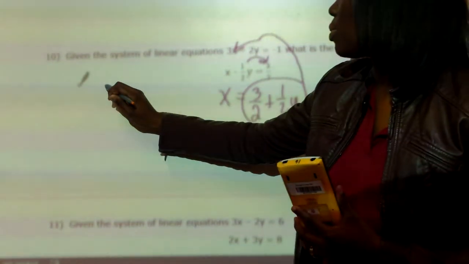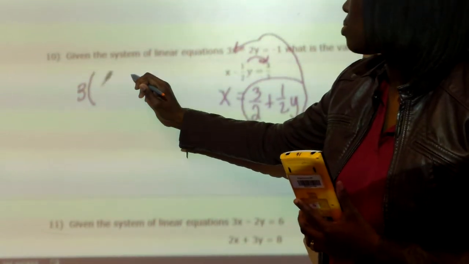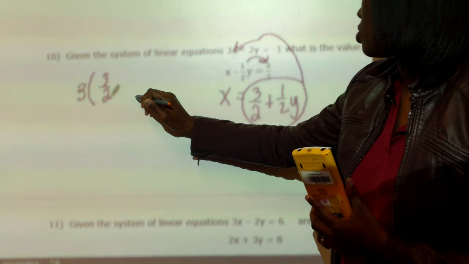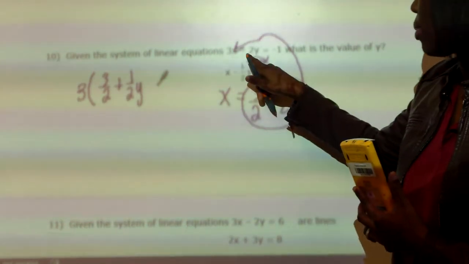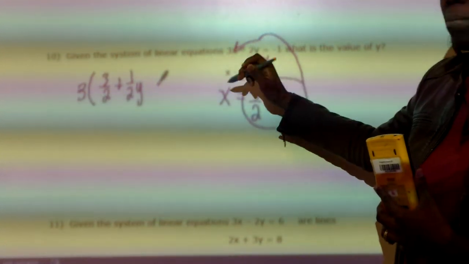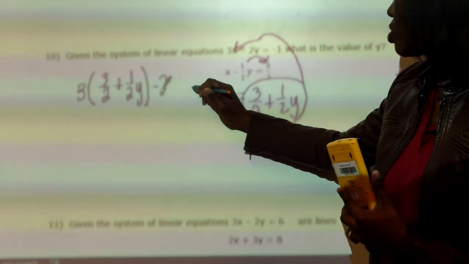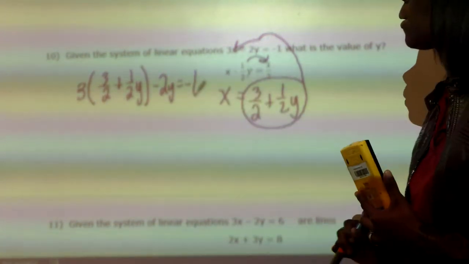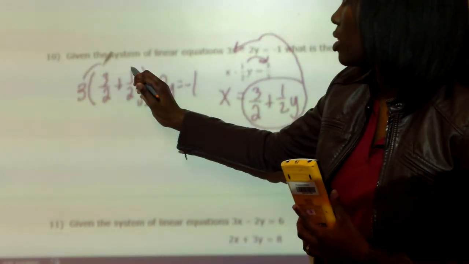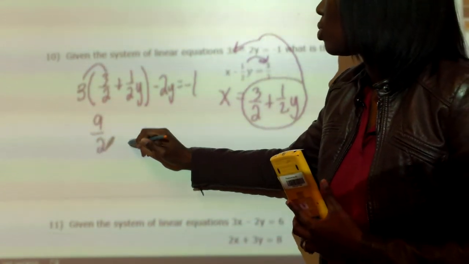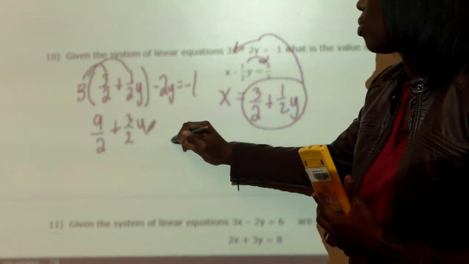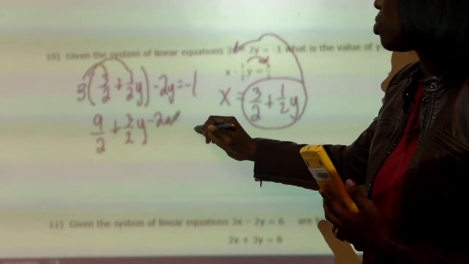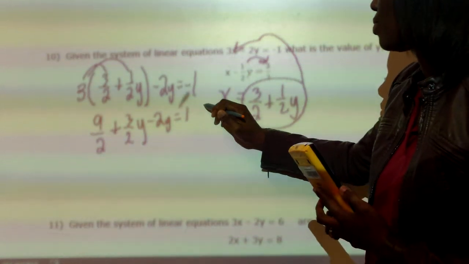So the new equation will be 3 times 3 over 2 plus 1/2 y, then minus 2y equals negative 1. Distribute 3 times 3, that's going to be 9 over 2. 3 times 1/2 is going to be 3 over 2y, minus 2y equals negative 1.